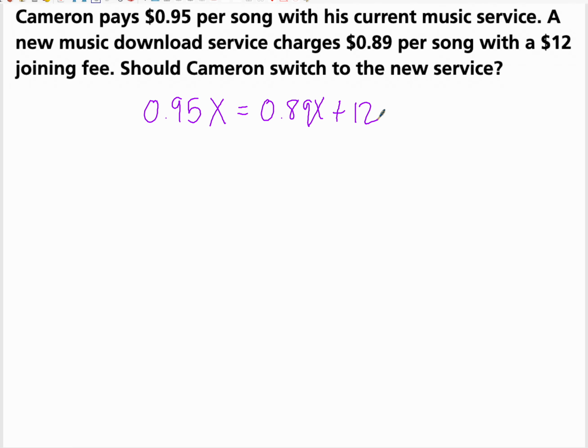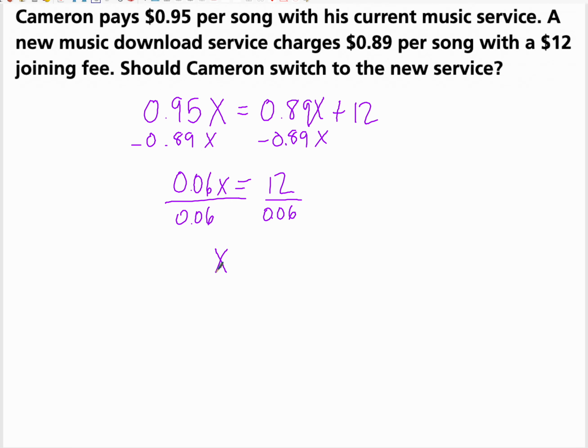Let's solve that equation and see what happens. Subtract 0.89x. That would be 0.06x equals 12. Divide by 0.06. And x equals 200.